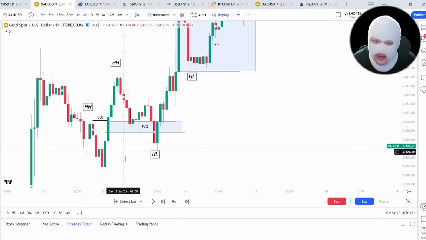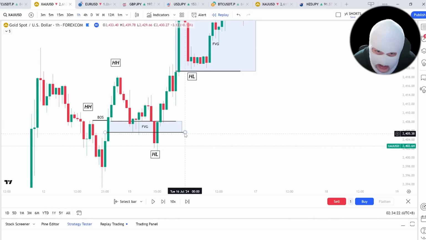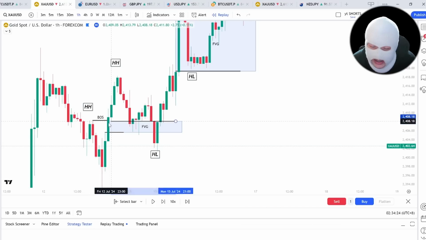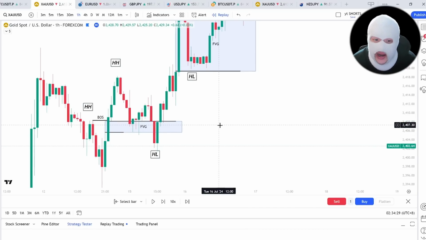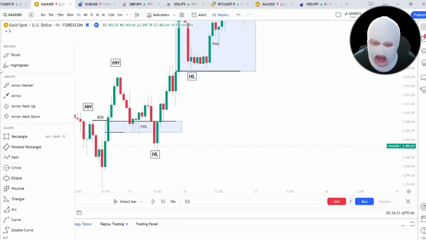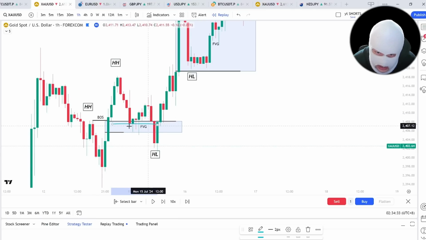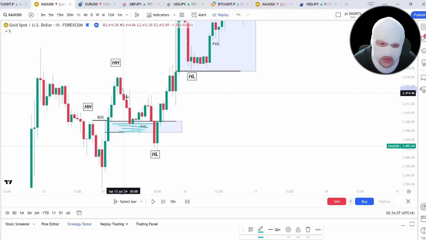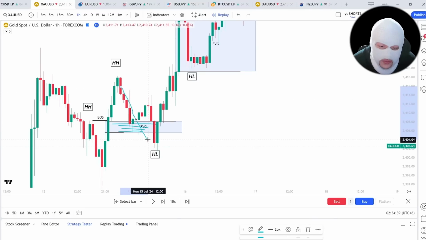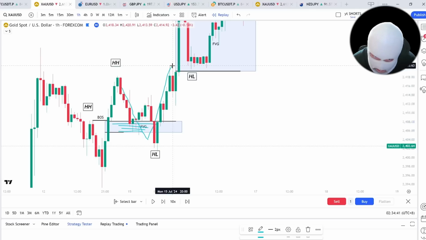The gap between the first candle's wicks and the third candle's wicks is the fair value gap. This is an area of fair value because there are a lot of pending orders here waiting to be filled. So we expect price to retrace into these gaps to fill and continue moving.